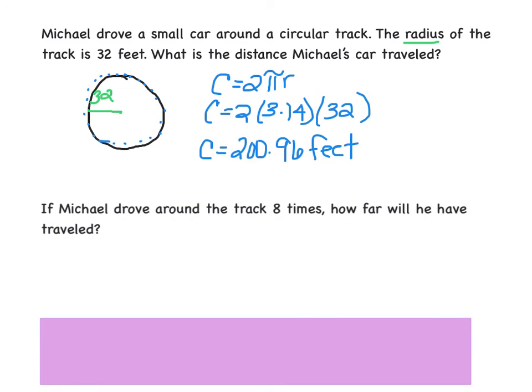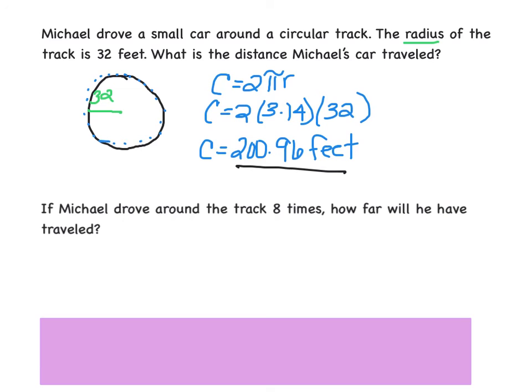The next question says, if Michael drove around the track 8 times, how far will he have traveled? Think about how you could solve this, try on your own, and then we'll go over it. Alright, so I already know essentially the unit rate. I know how far he goes in one time around the track.